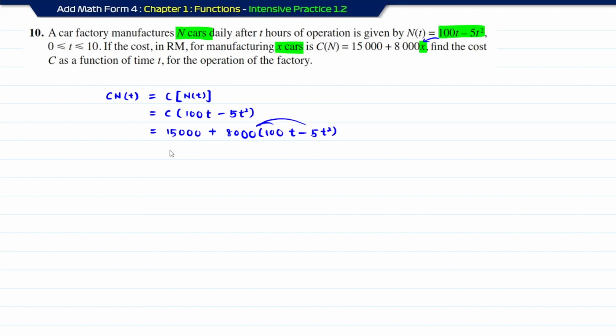So we're going to expand for this part. So here you're going to have 40,000 t squared. So this is the cost C as a function of time.